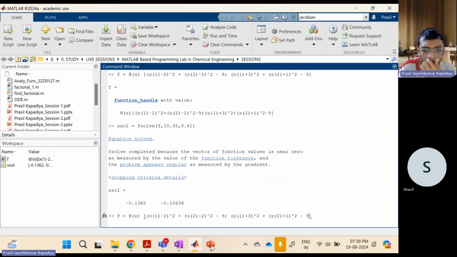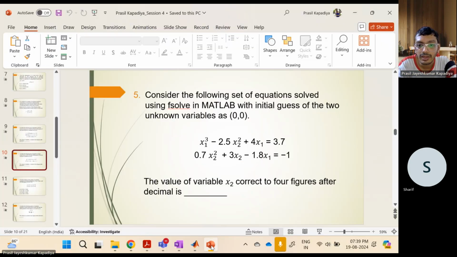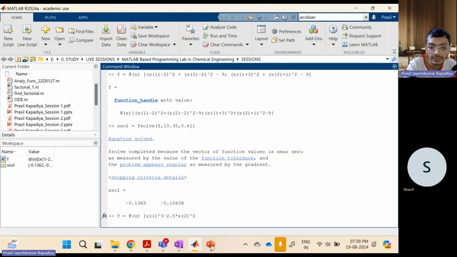x1 cube. Let's retype the equation again. x1 raised to 3 minus 2.5 into x2 square plus 4 into x1 minus 3.7. This is my first equation.